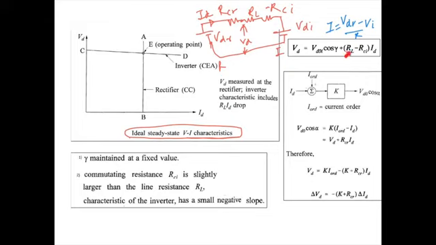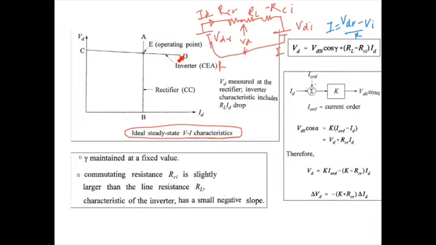By plotting this characteristic, Vd represents the y-axis and VDOI cos gamma represents the y-intercept. So this particular equation is represented by this line.